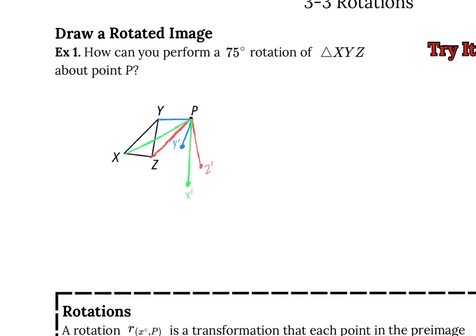Okay, again, you would be using a ruler and protractor to help you with these measurements because I don't think mine is right at all. Okay. All right, so you would get your rotation looking something like that.